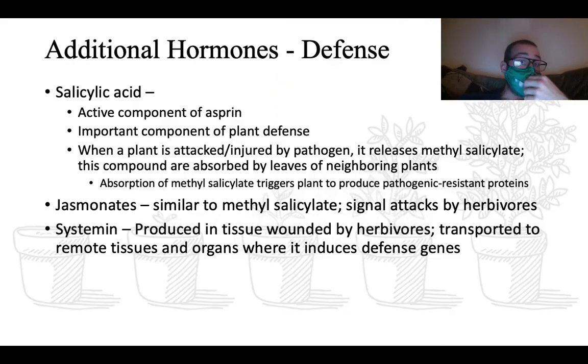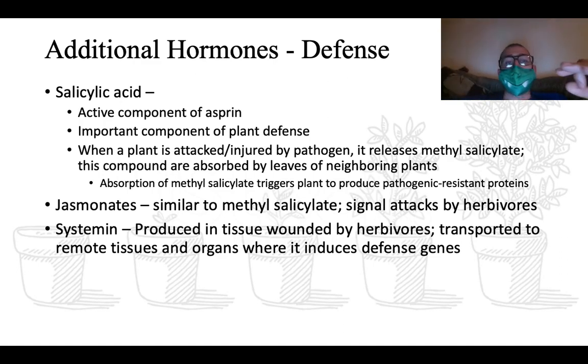Some really cool hormones as well: salicylic acid. I think I mentioned this already in one of these lectures. I'm pretty sure I said that it is the active component of aspirin. It's an important component of plant defense, and this is really cool. When a plant is attacked or injured by a pathogen, it releases methyl salicylate, which is a salicylic acid.